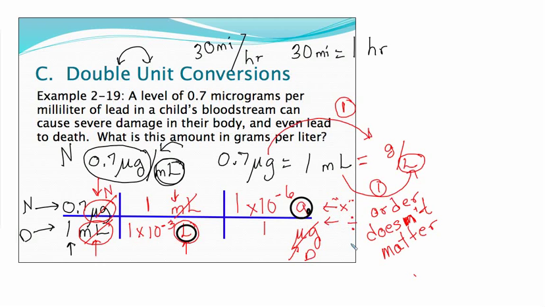And remember, if there's more than one division step, you want to either use parentheses properly or hit equals. And when you do that math, assuming I did my math correctly, it is 7 times 10 to the minus 4th grams per liter. Now, I'm reporting a value, so it was okay to go back to that slashed unit.